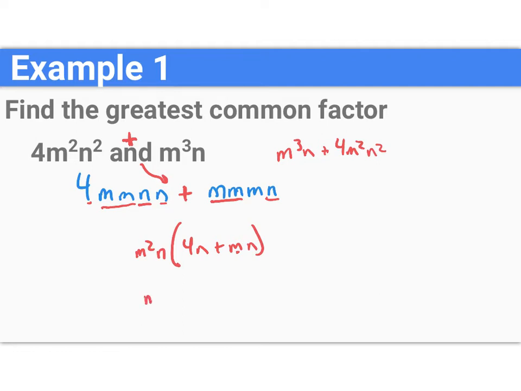So we're going to rewrite it as m n plus 4n. And so we see from multiplying polynomials, if you distribute this back, you should get these two terms. So factoring, we're taking out what is similar between the two terms, or three terms, or however many terms there are.